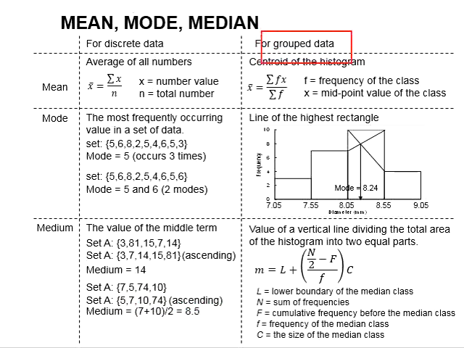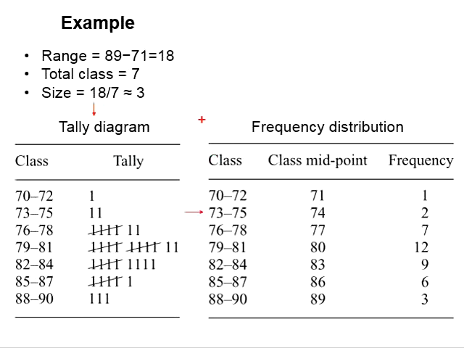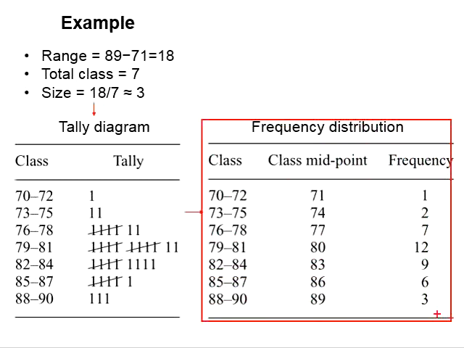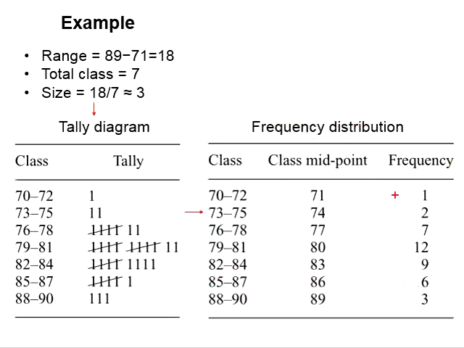For the group data, the median term can be determined by these equations, where L is the lower boundary of the median class. The median class is the class where the median term is likely to occur. Taking this group data as an example, the total frequency will be equal to 40.